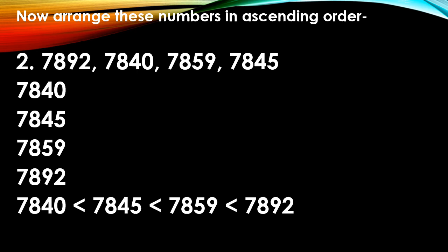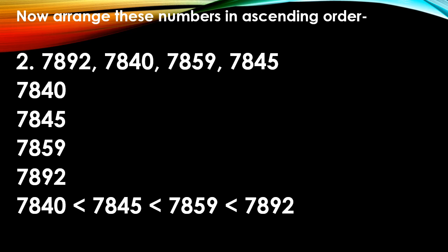Now, since both the numbers have 4 at tens place, we move to ones place. One of the numbers has 0 and the other has 5 at ones place. Since we are looking for the smallest, we find that 0 ones is smaller than 5 ones.